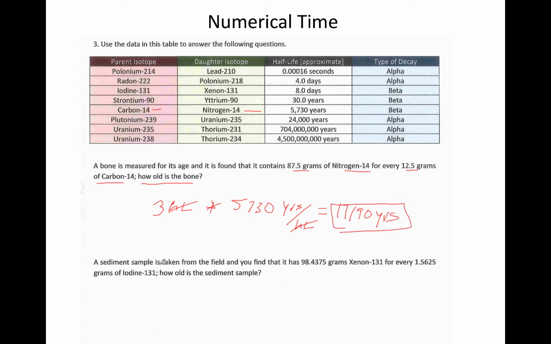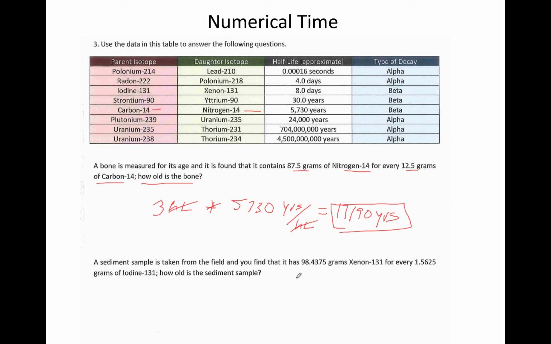We have another problem down here, which is a little bit different. It's, again, done in grams. You may see parent-daughter ratios here instead, but in any case, you're going to go back to the original table that you just filled out, the first table on page 104, where you essentially fill out the parent-daughter ratios for each of the subsequent half-lives.